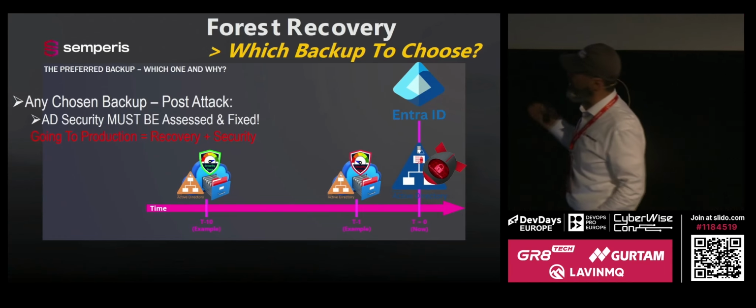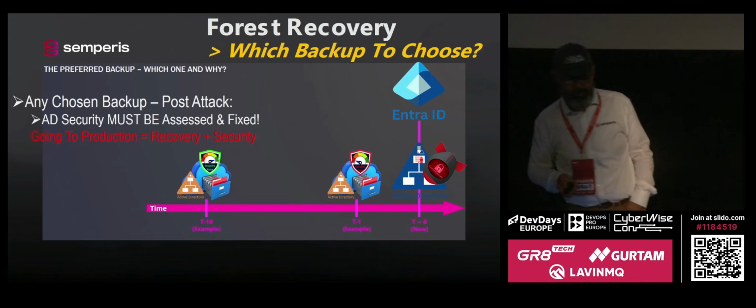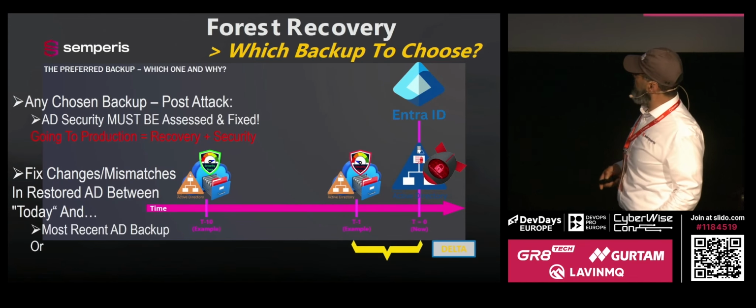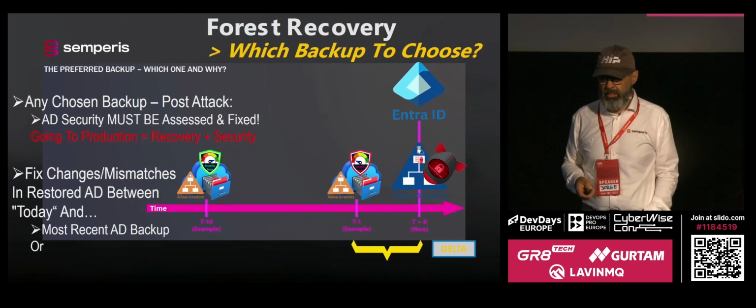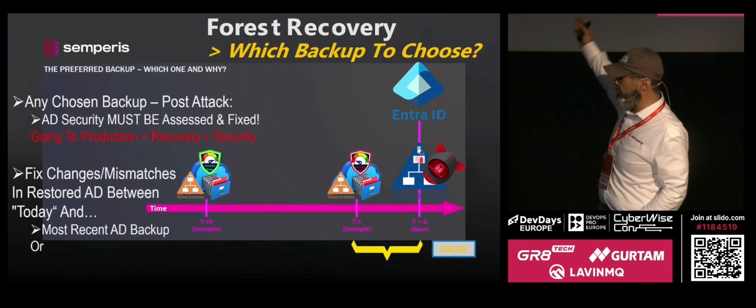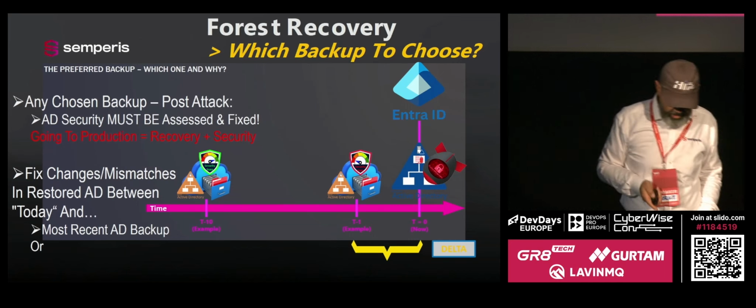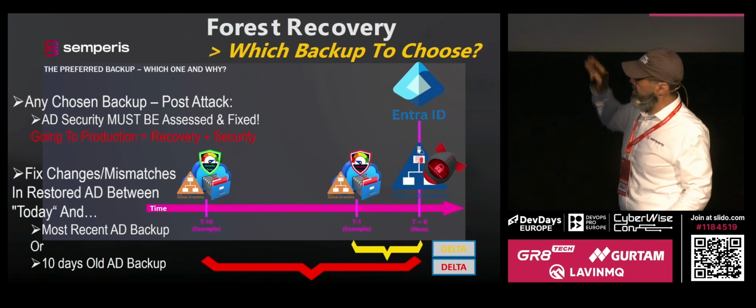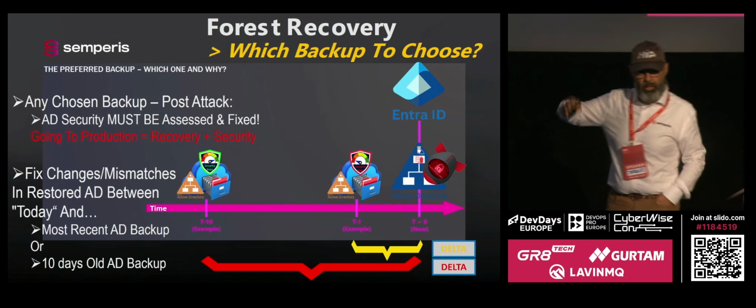But then again, the question still remains, which backup do you choose? Do you choose the one from yesterday, where you only have this set of changes? So this is the delta between, for example, today and yesterday when the backup was taken. Or do you choose the backup that is 10 days old, for which the changes are obviously more?